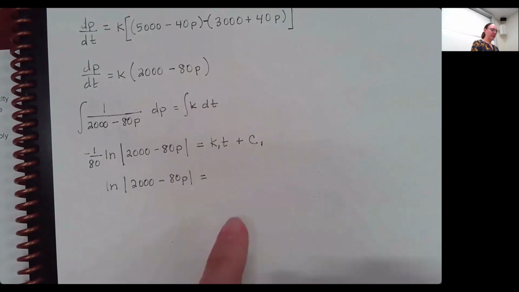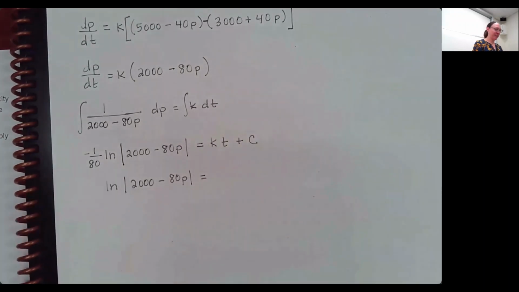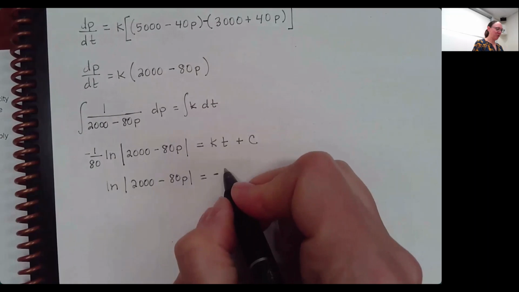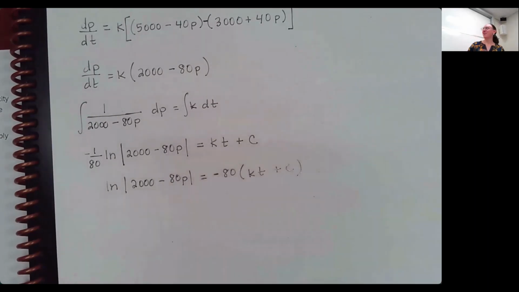So is that not what I should do? I don't have to do that. Let's not do that. I'll just multiply both sides by negative 80. That's totally fine. And then I'll have kt plus C. That's also totally fine. What if I only multiply the p with the kt, not with the C stuff? That's fine, because essentially what you've done is relabeled your C, right?